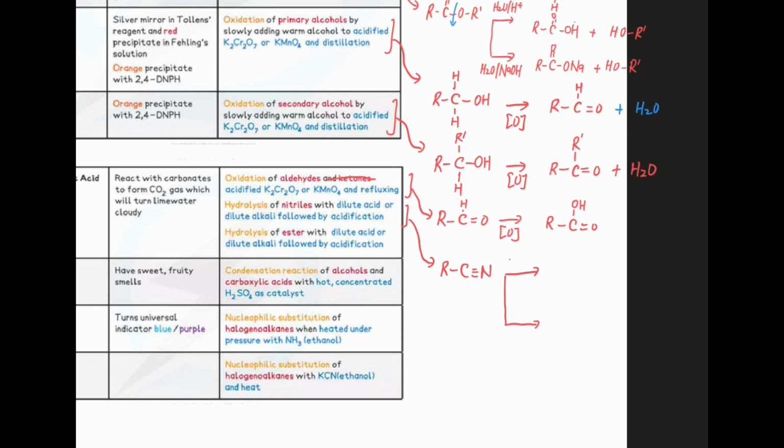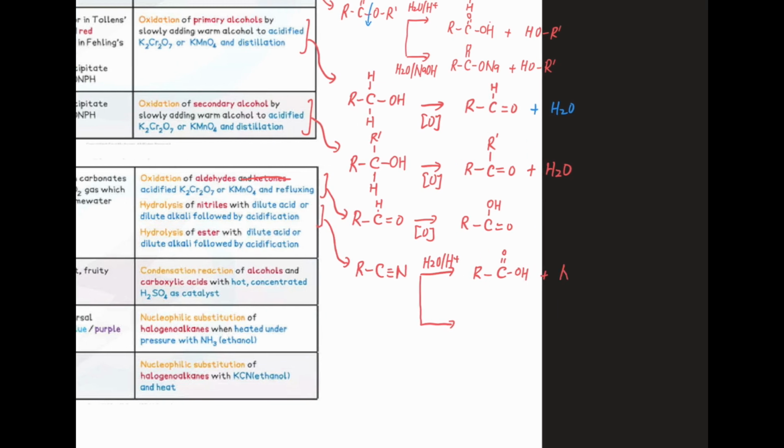So we have H2O and H plus, then what happened is they will change to R, C, OOH, and NH4 plus. So something like this will happen. They will change to carboxylic acid and conjugate acid. Okay, so the ammonia after receiving proton, we call it conjugate acid.